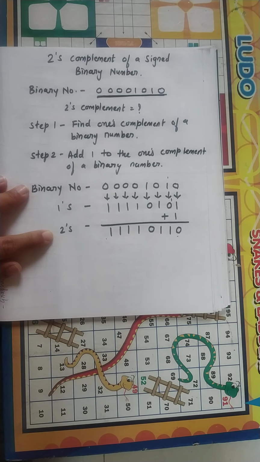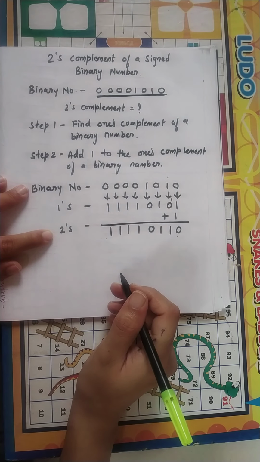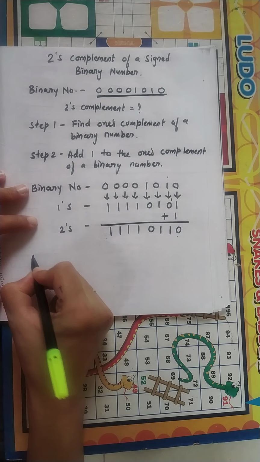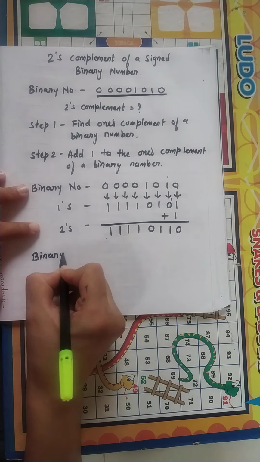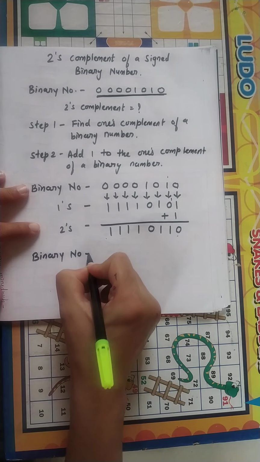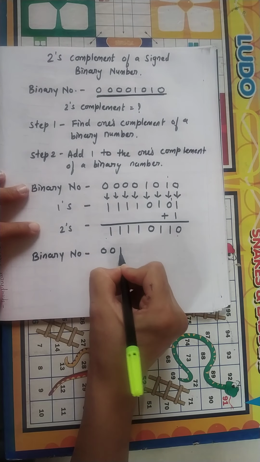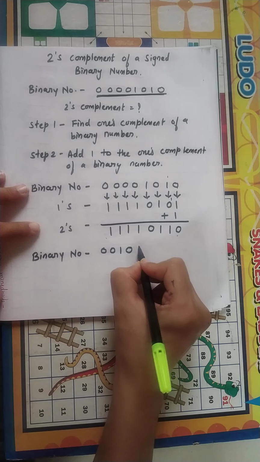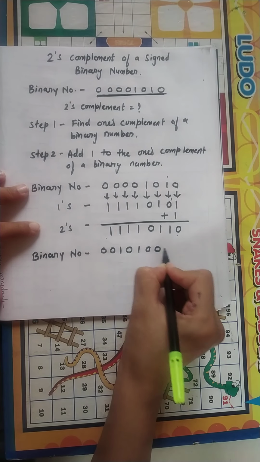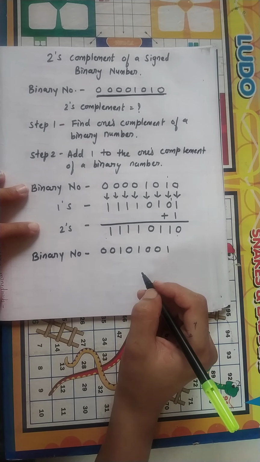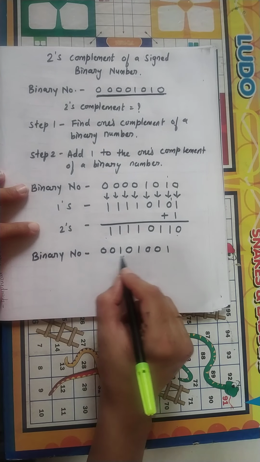Again I take one more example for this, right? If I'm having a binary number as 0 0 1 0 1 0 0 1, right? So this is an 8-bit binary number.